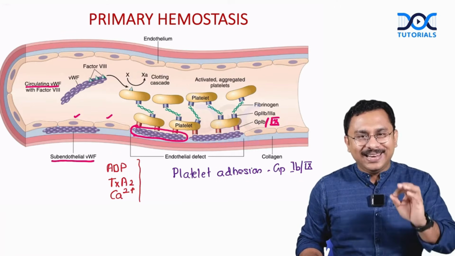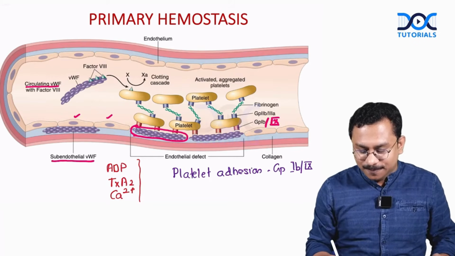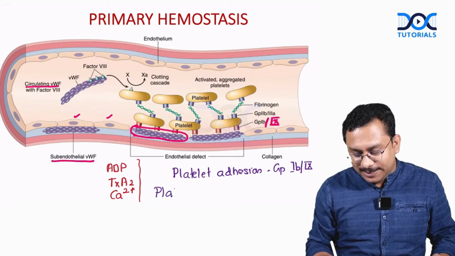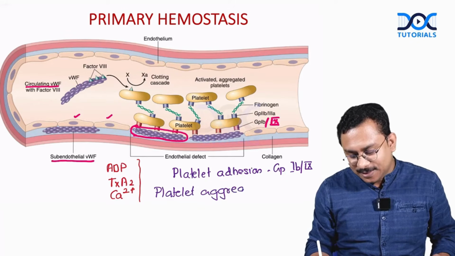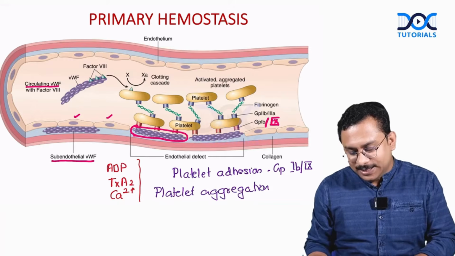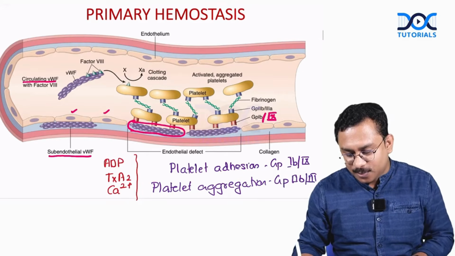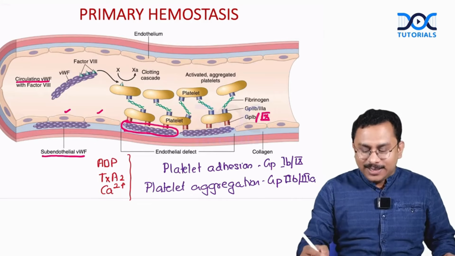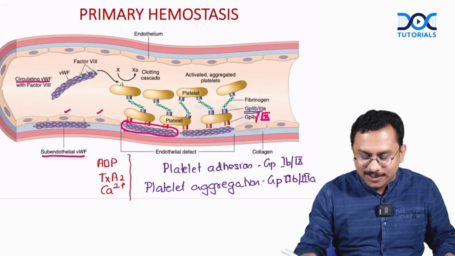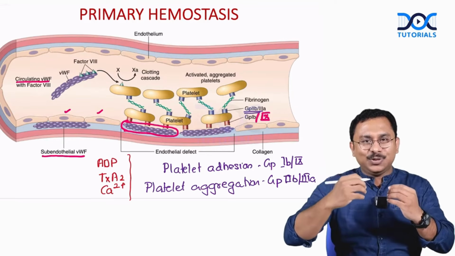So how does the platelet aggregation happen? You can see it is with a different receptor. Platelet aggregation takes place with the help of a receptor, glycoprotein IIb-IIIa, or GP IIb-IIIa. You can see that with this receptor, adjacent platelets are binding to each other.